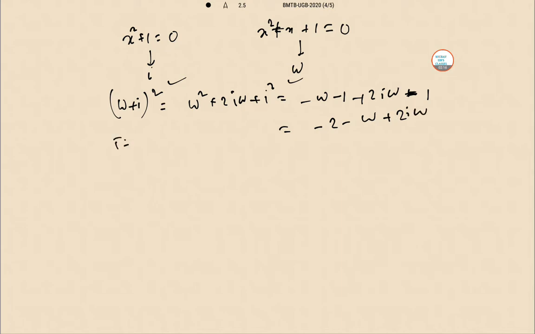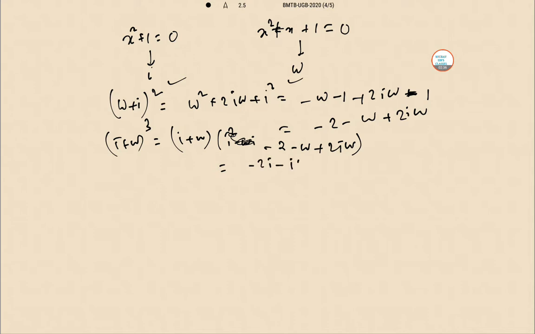If I go for i plus omega whole to the power 3, then using a plus b times a square minus ab plus b square, in one way we can write minus 2 minus omega plus 2i omega, and multiplying out, minus 2i minus i omega plus 2i square omega minus 2 omega minus omega square plus 2i omega square.